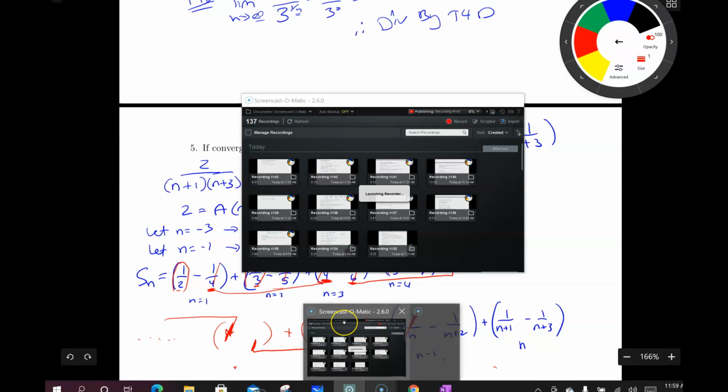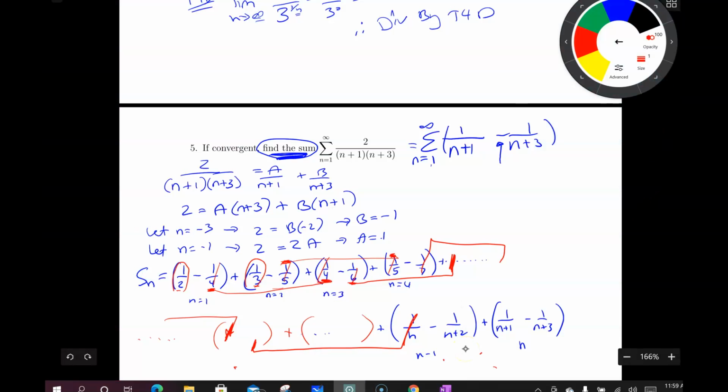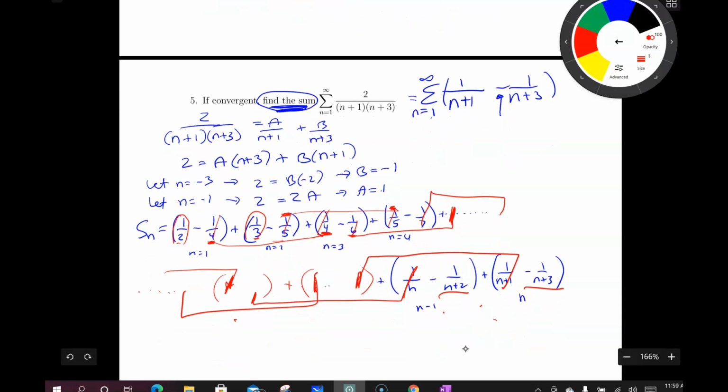Then this one would go with one back here. So I'm looking to see what the last two are, and I can see them.